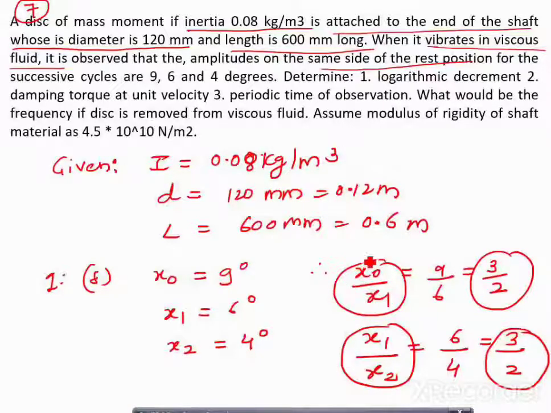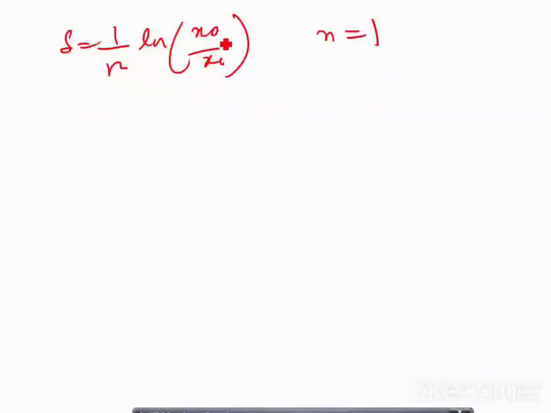Okay, so from x0 to x1 is one cycle, and from x1 to x2 is a second cycle. So you can consider one cycle or two cycles for calculating. I will show you here. Let us say the logarithmic decrement delta is given by 1 upon n ln of x0 upon x1 if I consider this. Here n is equal to 1 because I have considered the first ratio, with x1 as the final amplitude, because in this formula we take the ratio of initial amplitude x0 upon final amplitude x1.